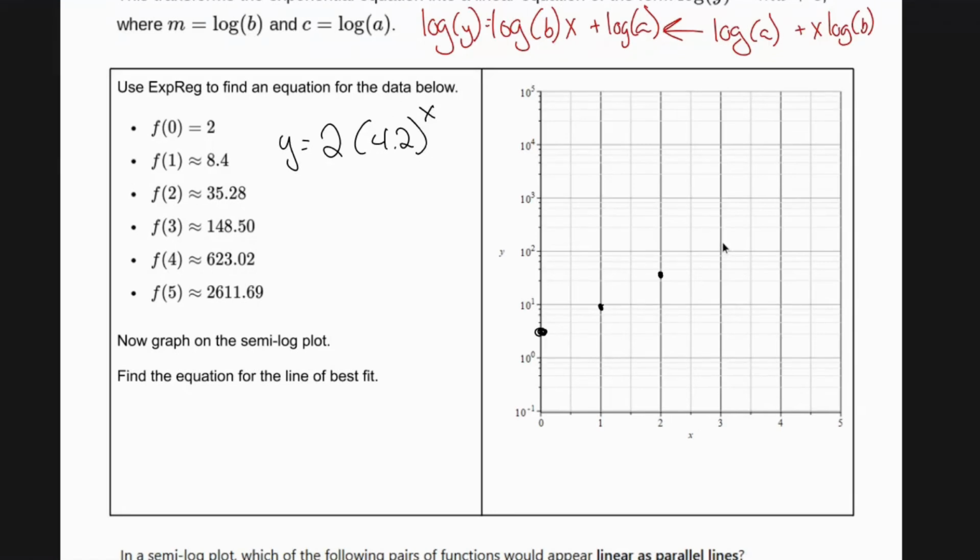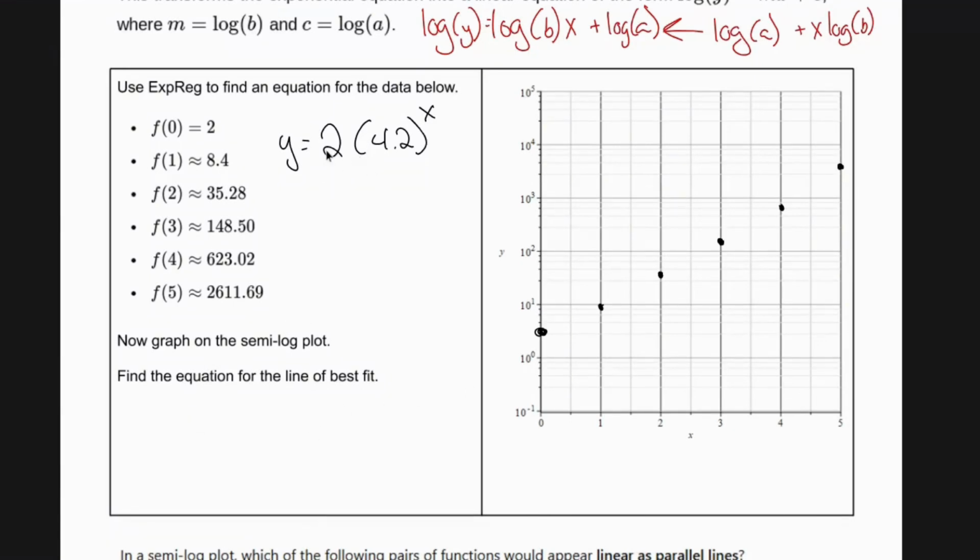So 148 is just going to be a little bit above it. 4, 623. So here's 4. 100, 200, 400, 623, somewhere around there. Okay, and then 5 was 2,611. We'll just put there. So again, pretty straight line.